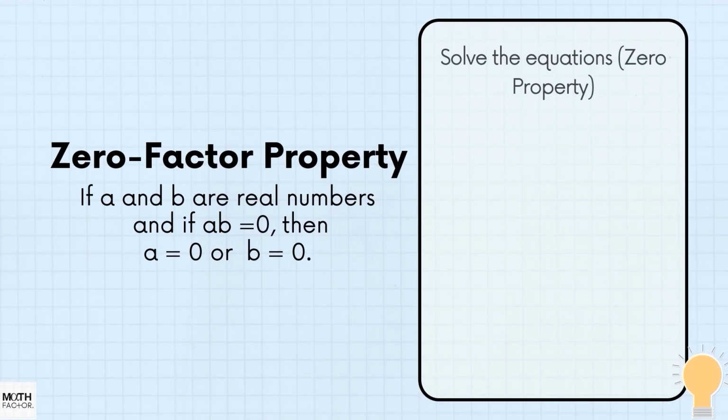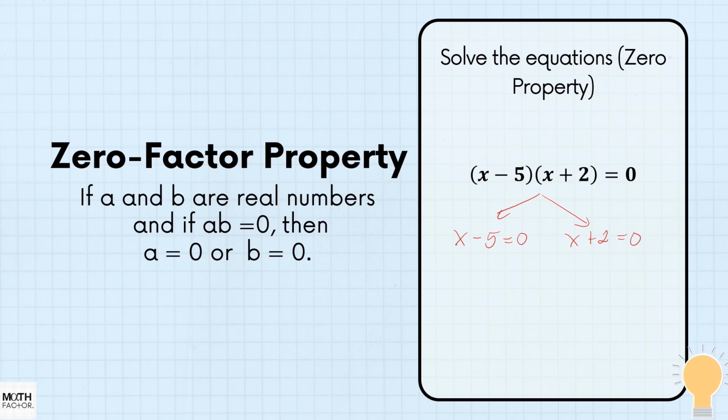Another example is x minus 5 times x plus 2 equals 0. Again, we will make two equations using the zero factor property. The first one will have x minus 5 equals 0 and x plus 2 equals 0.